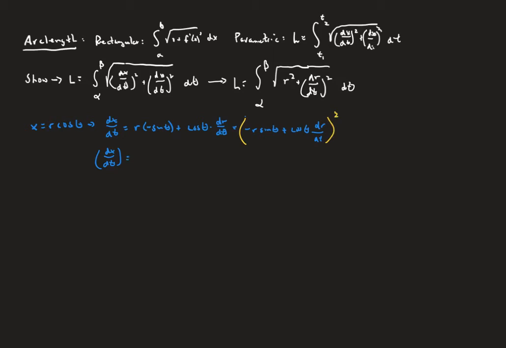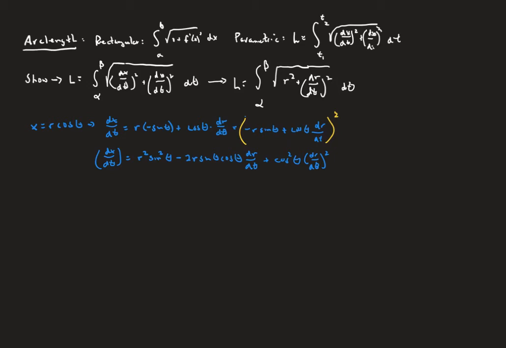We get the first one squared, r squared sine squared theta, plus twice the product, which is minus 2 r sine theta cosine theta times dr/d theta, plus the second one squared, which is cosine squared theta times (dr/d theta) squared. Okay, we're going to save that for a moment.